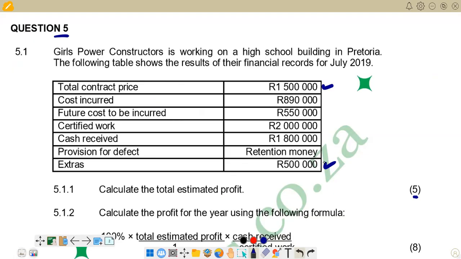Then we subtract the total estimated cost, which is cost incurred. The cost incurred here is 890,000, and then we add future cost to be incurred, which is here 550,000.